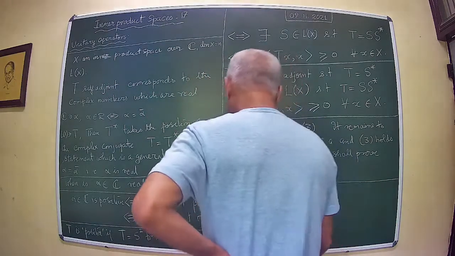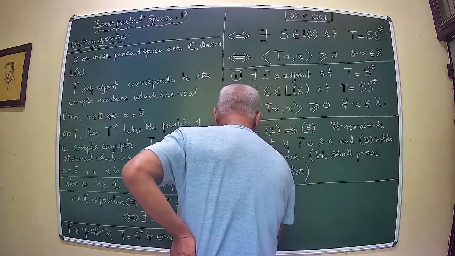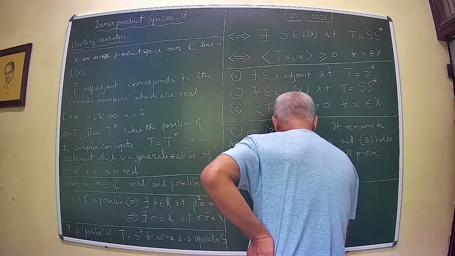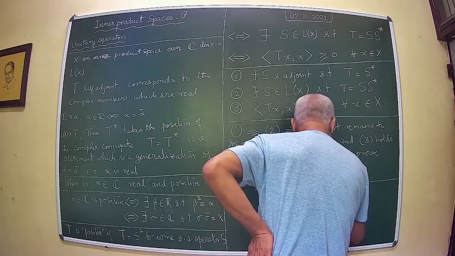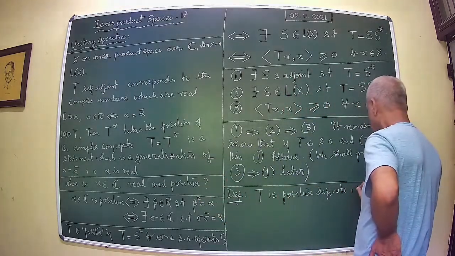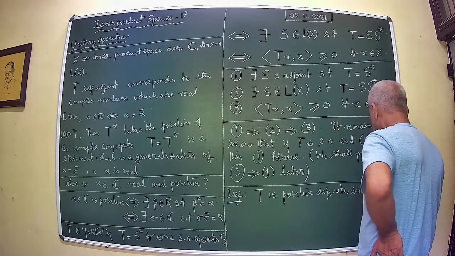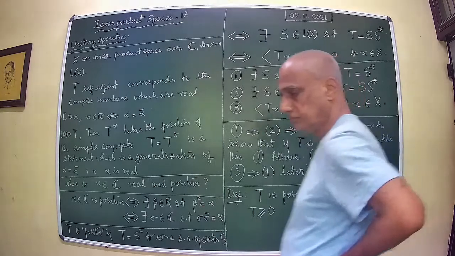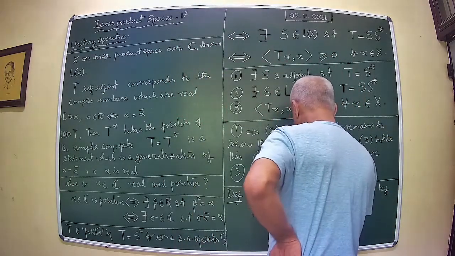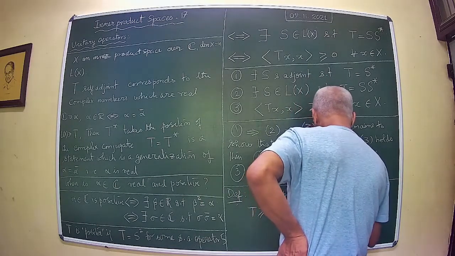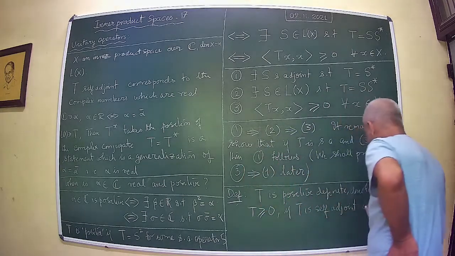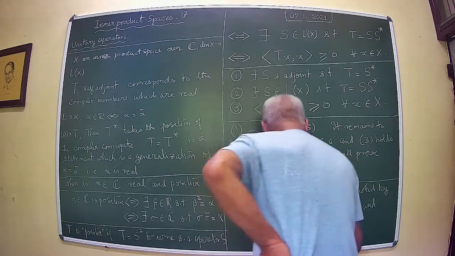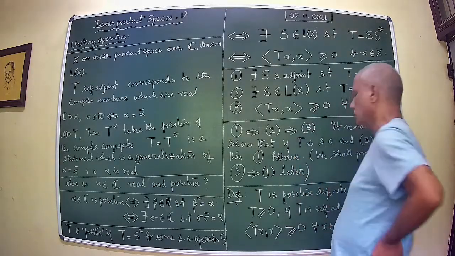Okay. So we will just use this and define: T is positive definite, denoted by T greater than or equal to 0, if T is self-adjoint and the inner product of Tx, x is greater than or equal to 0.